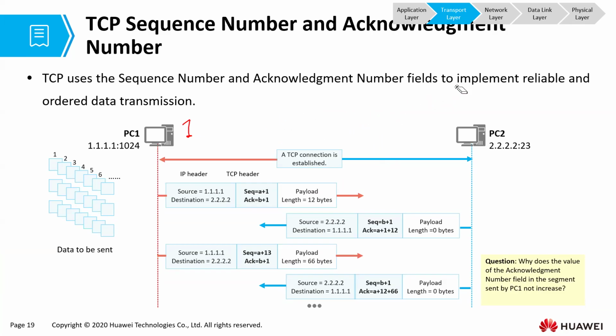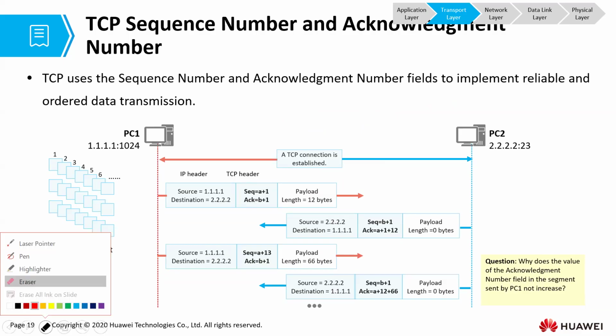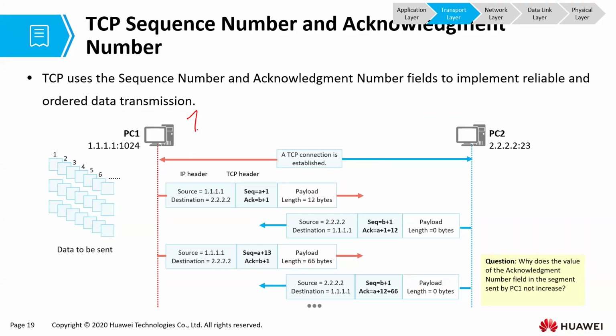Sequence number is where we start. Let's say our initial sequence number is 1. We are sending 1000 bytes every time from PC1 to PC2.